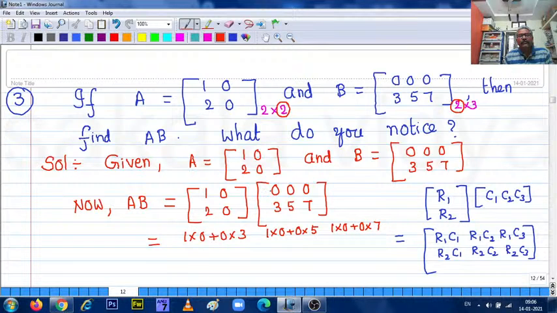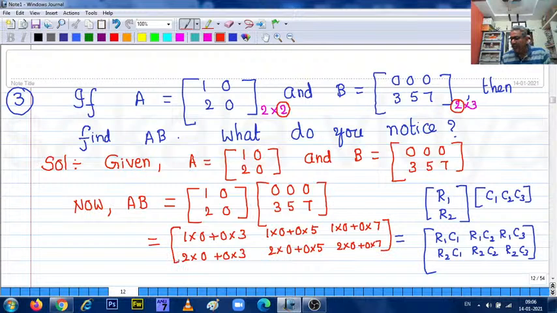Now R2C1: 2 into 0 plus 0 into 3. R2C2: 2 into 0 plus 0 into 5. R2C3: 2 into 0 plus 0 into 7. Now what do we get? Let us write it.